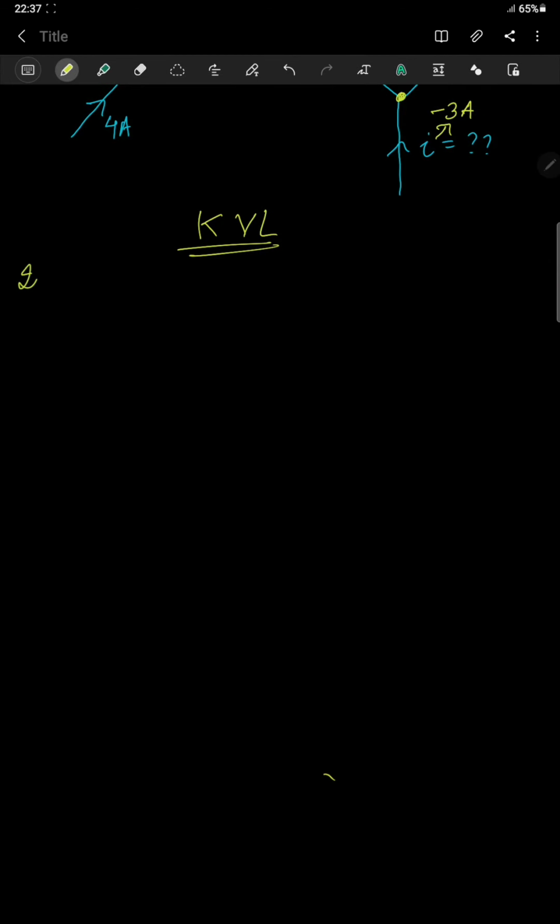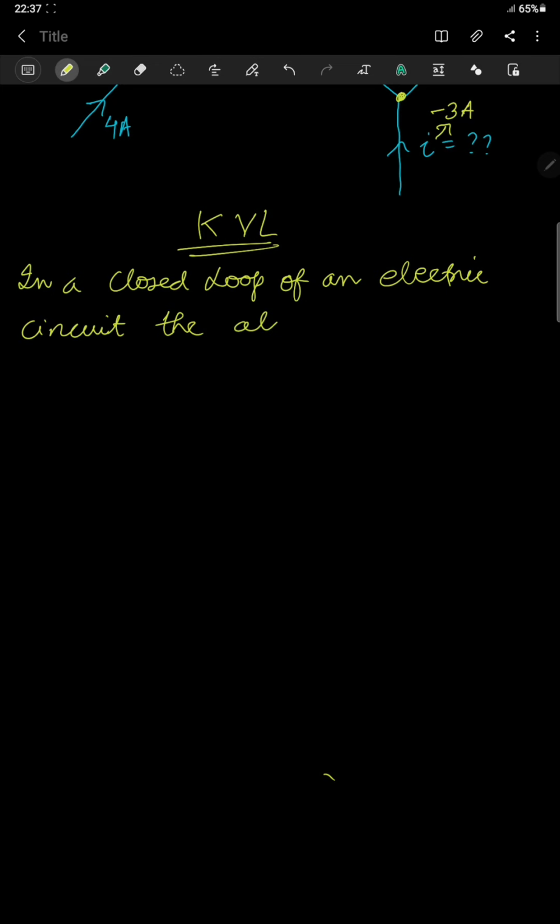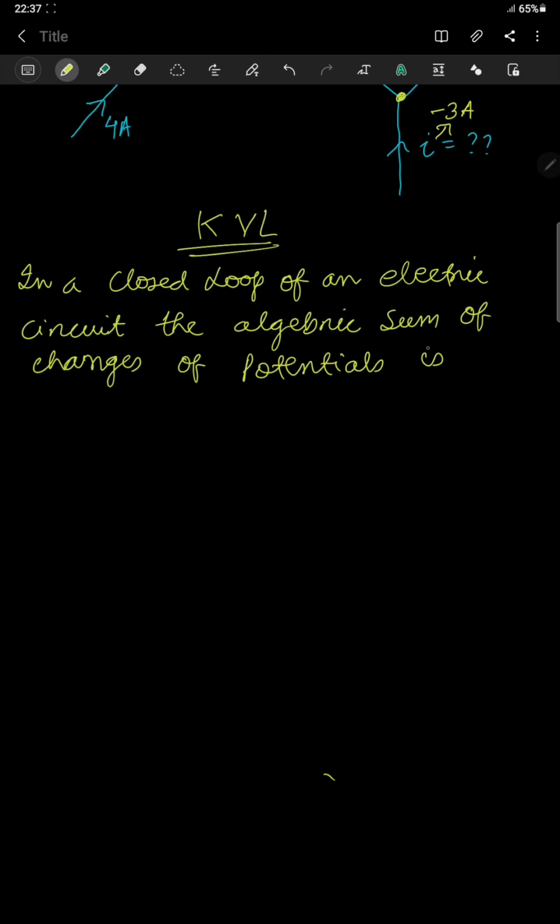It tells that in a closed loop of an electric circuit, the algebraic sum of changes of potentials is 0. Mathematically we can write summation delta V is equal to 0.